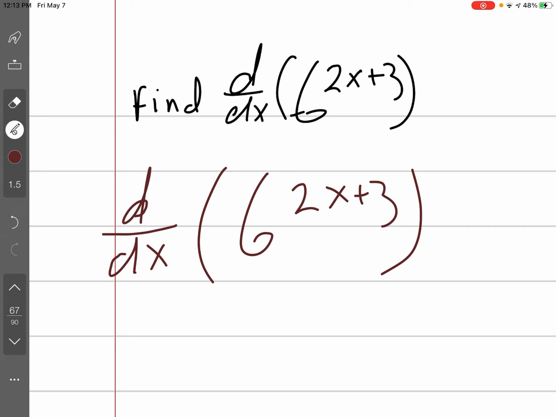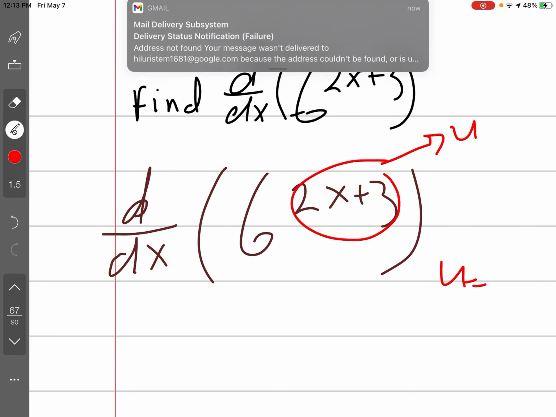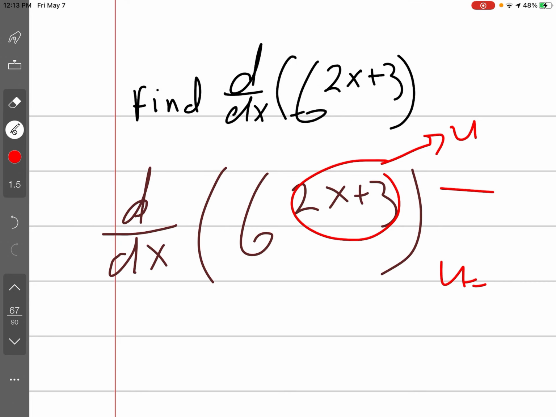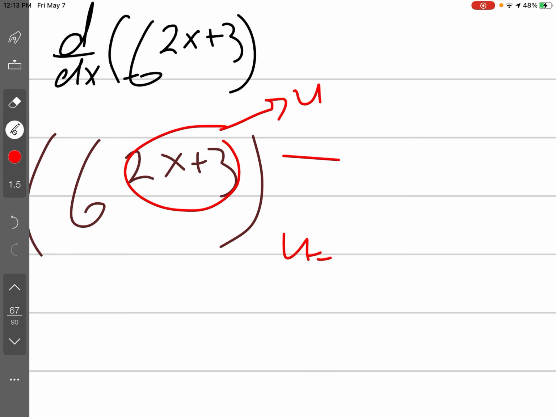So now I will set this as my u, as I told you before. This is my u, and also u prime. U prime is the derivative. We already talked about it. So it's only going to be 2. My u prime is only 2.